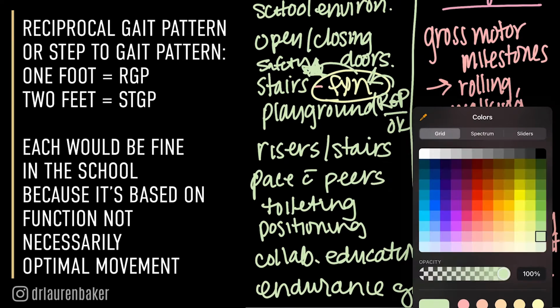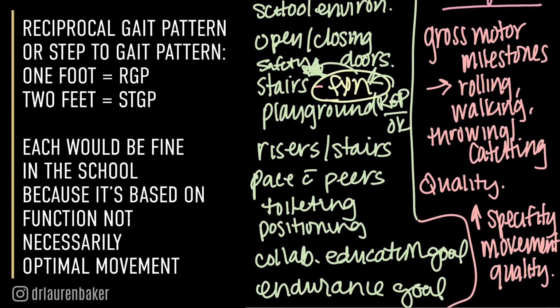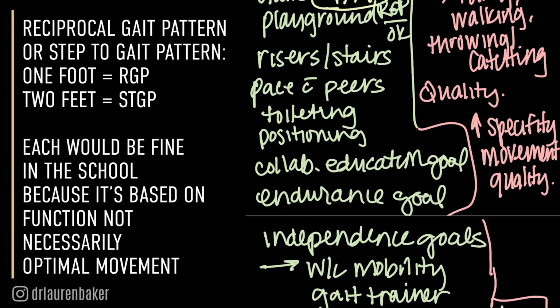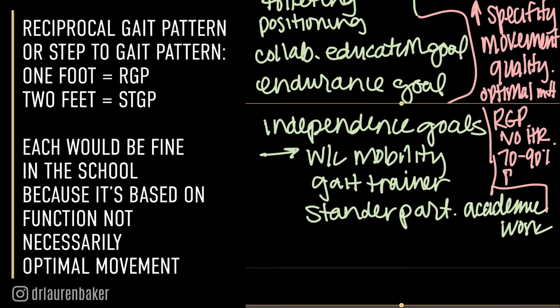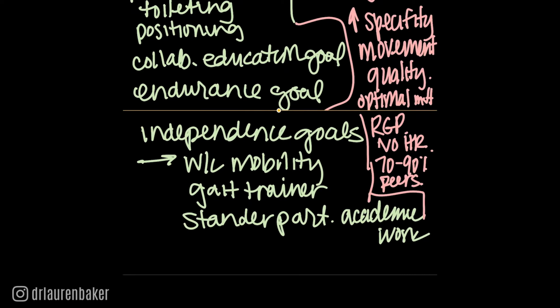But in the medical model, you're looking at quality, which also means optimal movement. And optimal movement is the best a movement can be. So you'd want it to be a reciprocal gait pattern, 1 foot on each stair, no handrail. You would want it to be in that 70 to 90% rate of peers. So you want them to do it well. You don't want them to just be able to do it. You want them to be able to do it well.